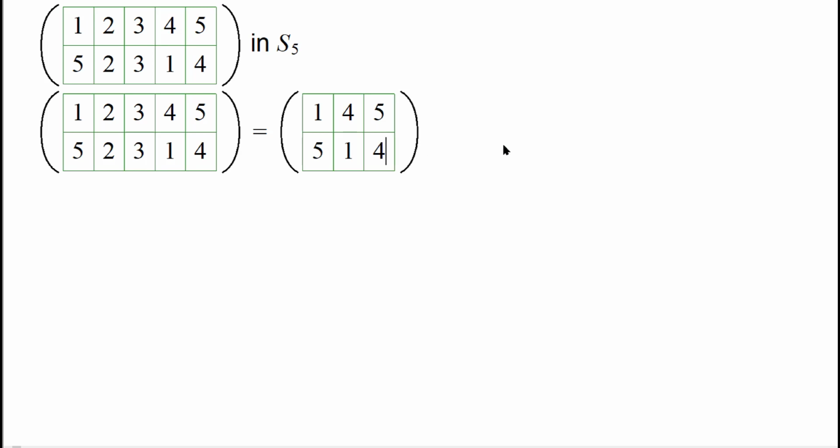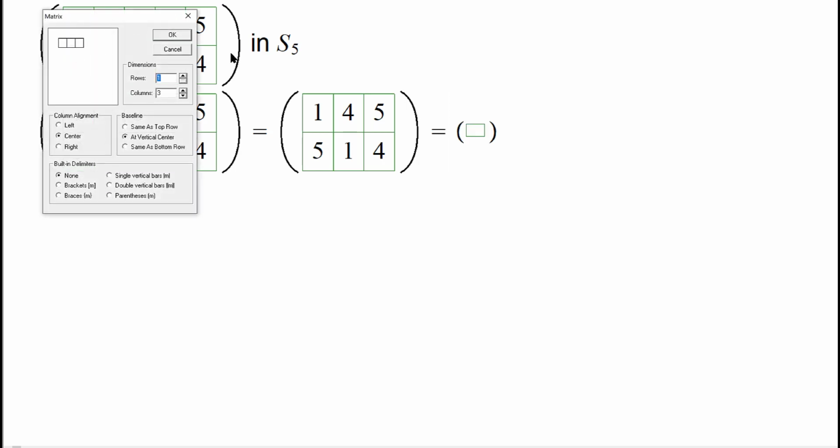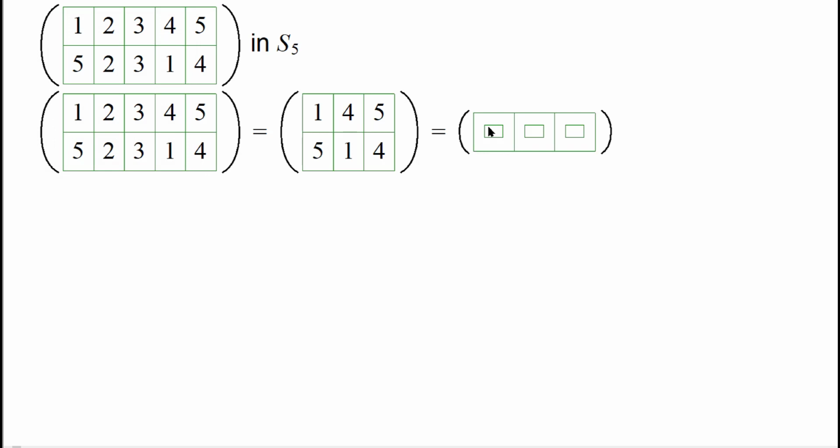Now let's write them in a slightly different manner. So we are going to write this as a cycle, as we saw before. The way we will write it is that first we have 1, and then 1 goes to 5. Let's write 5 next.